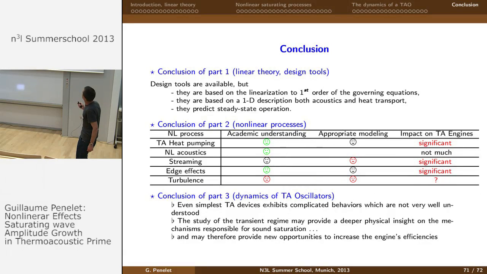In the second part, I have shown that the processes that control the saturation are well identified, but however, it's difficult to account for these effects in an actual engine which has a complicated geometry. And finally, in the last part, I have shown that even simple thermoacoustic devices are not so well understood, and we may start with this simple device before trying to describe more complicated devices.